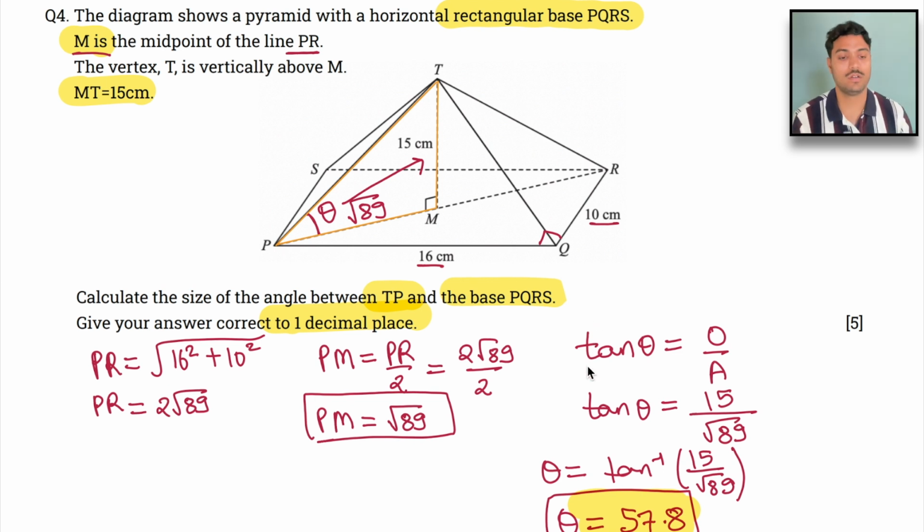I hope you all understood how to solve problems based on three-dimensional trigonometry. All we have to do is figure out and frame a right angle triangle so that we can work out the missing length or the missing angle using Pythagoras sometimes and sometimes trigonometric ratios.